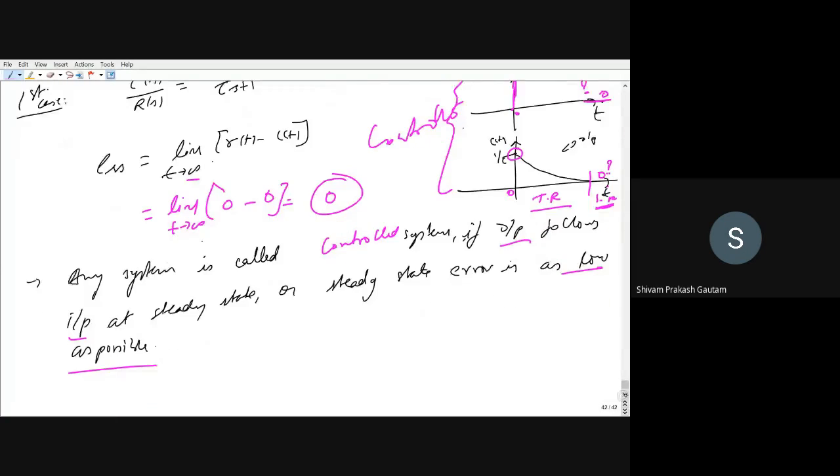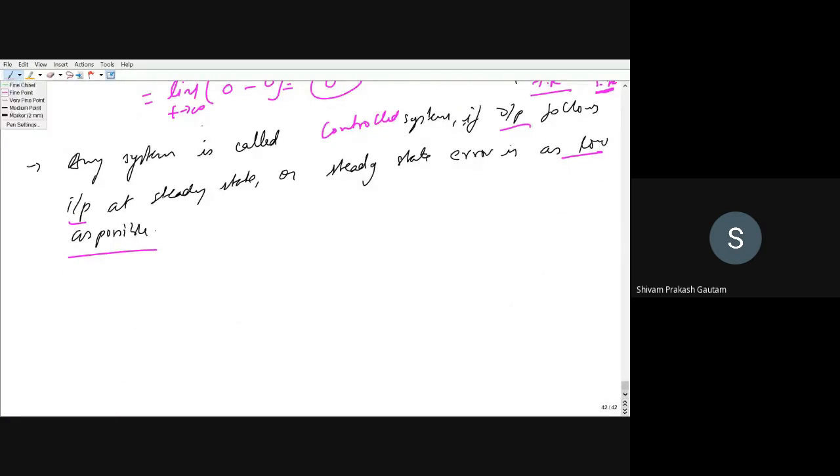Okay. Now we will calculate the error by frequency domain, that is the final value theorem. Again, limit s tends to 0 of s times E(s), which will be equal to limit s tends to 0 of s multiplied by R(s) minus C(s).